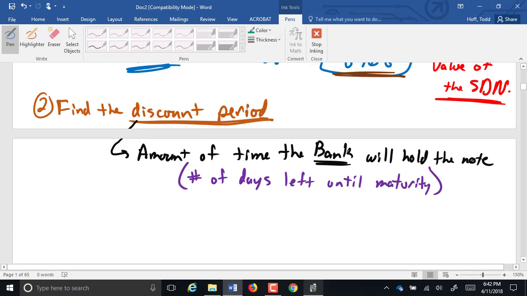So how many days was this note? It was a 90-day note. What day did we discount this note to the bank? Day 40. 90 minus 40 means there are 50 days left.